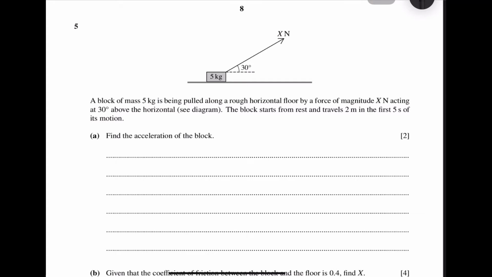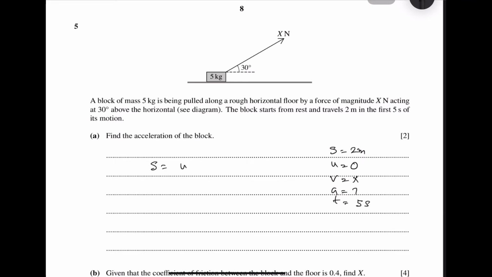The block starts from rest and travels 2 meters in the first 5 seconds. Let me use SUVAT. It is traveling 2 meters, starts from rest. We don't know v. Acceleration we need to find out. Time is 5 seconds.